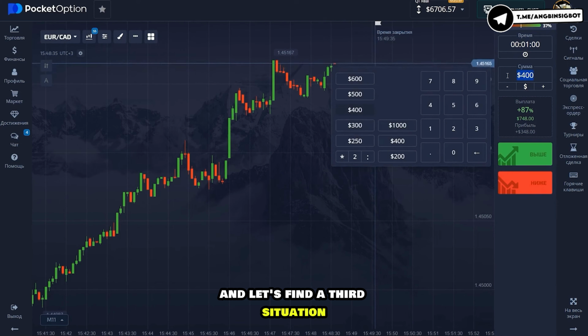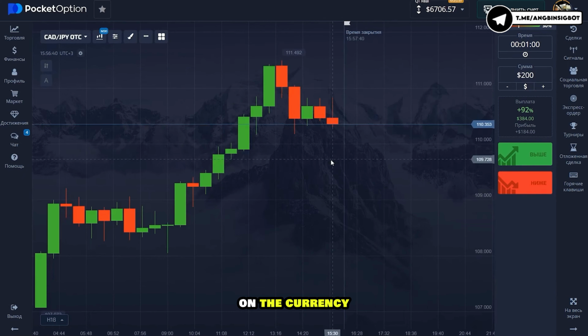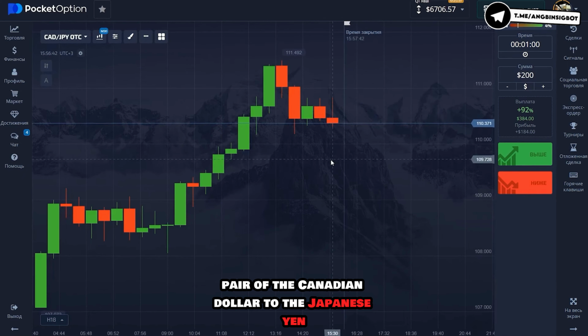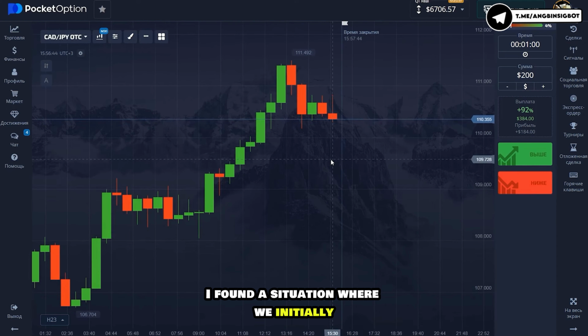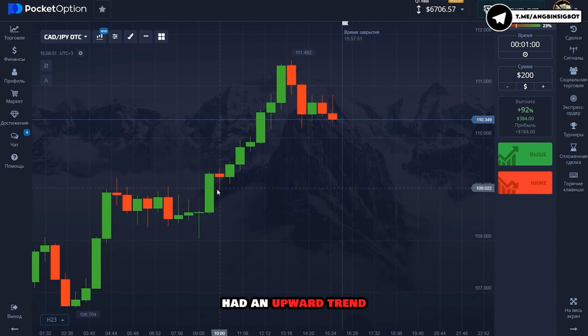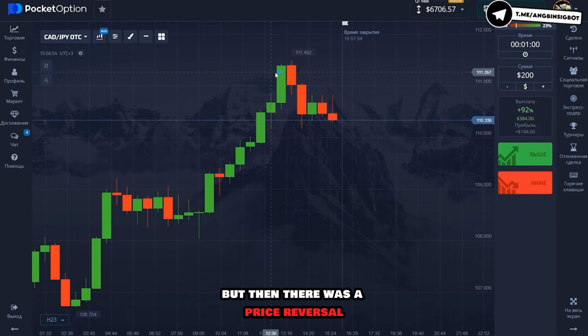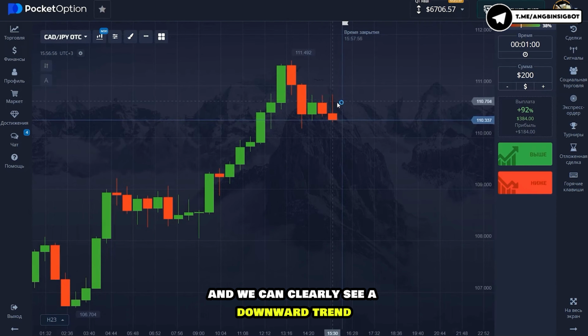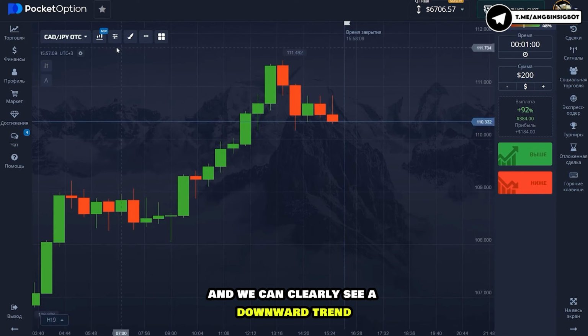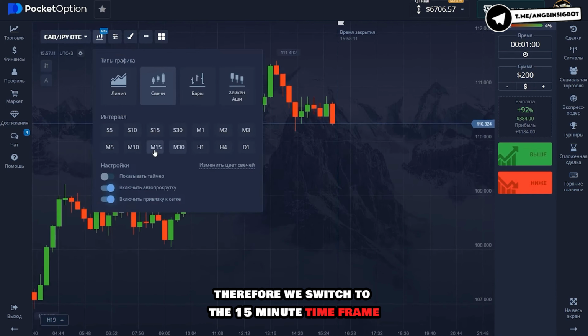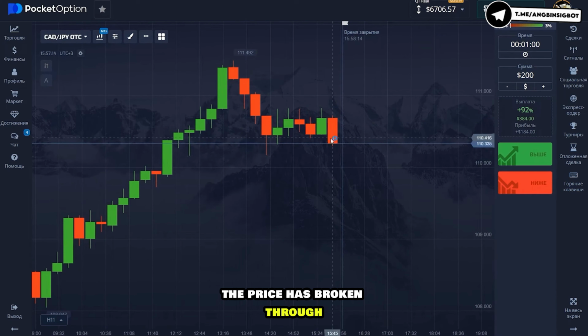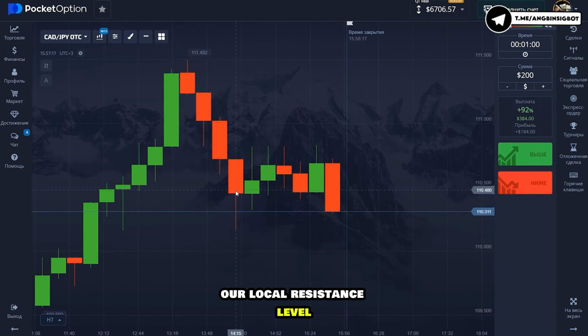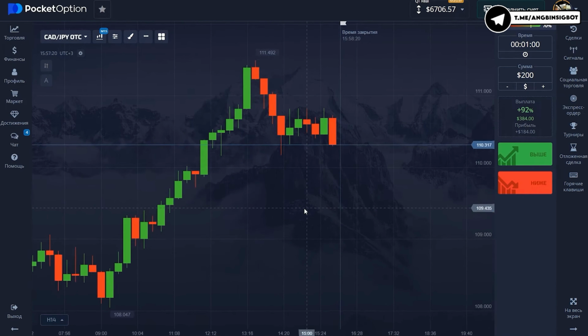And let's find a third situation to solidify our knowledge. On the currency pair of the Canadian dollar to the Japanese yen, I found a situation where we initially had an upward trend, but then there was a price reversal, and we can clearly see a downward trend. Therefore, we switch to the 15-minute time frame, see that the price has broken through our local resistance level and is rapidly falling.